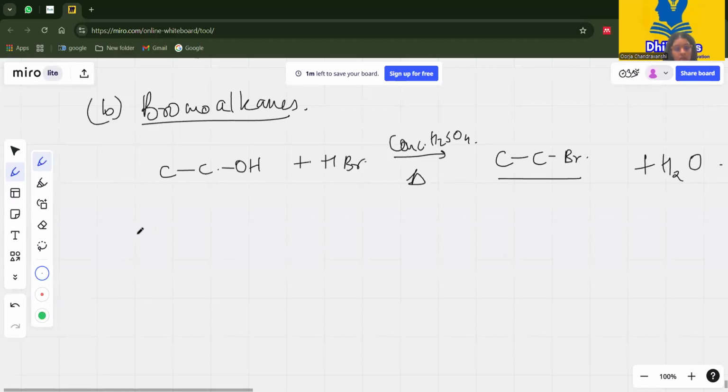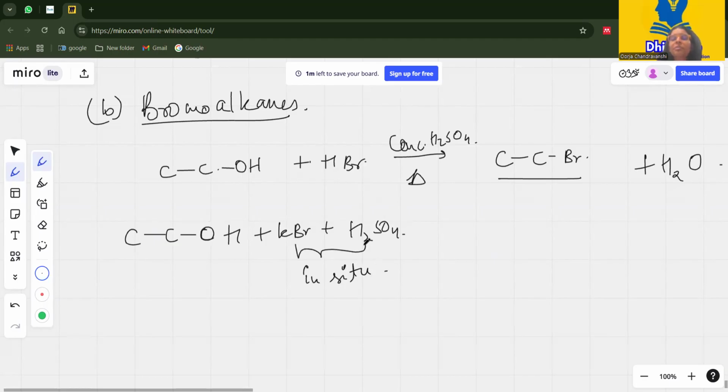Sometimes we take KBr plus H2SO4 instead of directly taking HBr. The reason being HBr is a little reactive and hence we prepare it in situ. What does in situ mean?